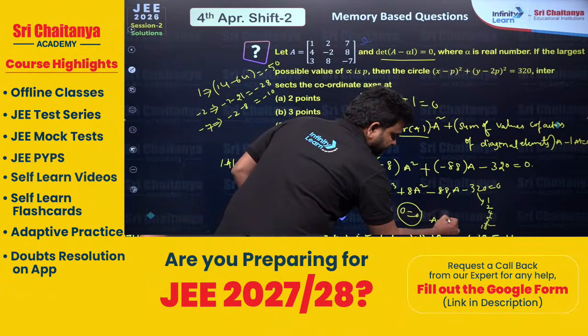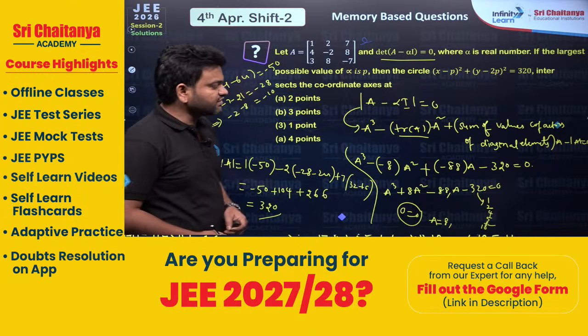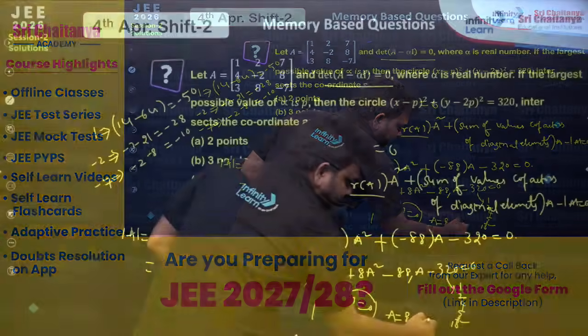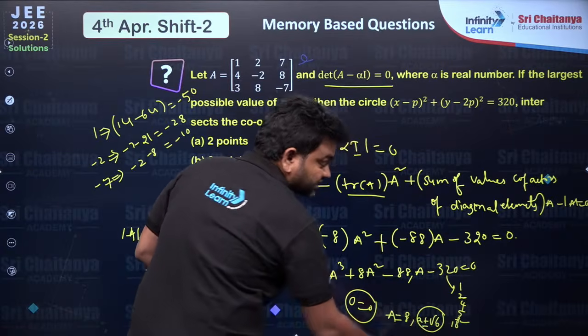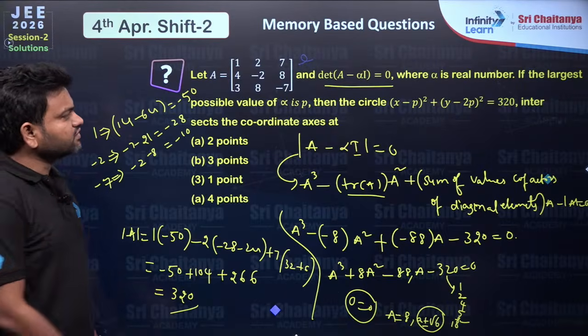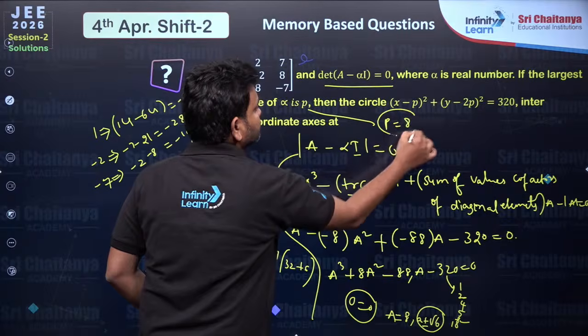So one possible value for this is going to be 8, and other two values which you are going to get will be in the form of a plus or minus root b, and that value will be lesser than 8. So the maximum value we are going to get here is going to be 8. So from the question they mentioned, the value of p will be equals to 8.